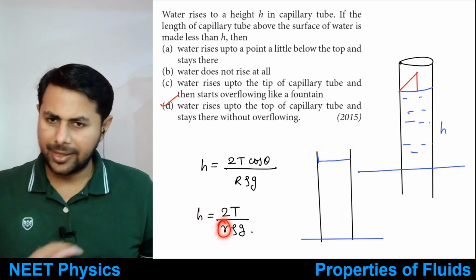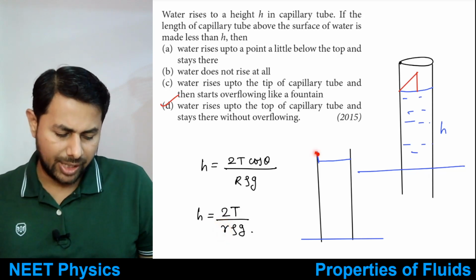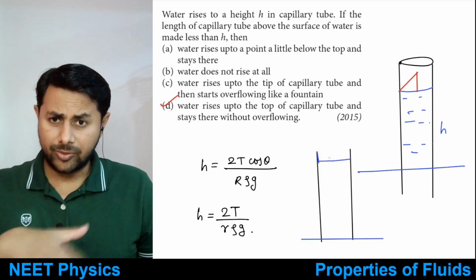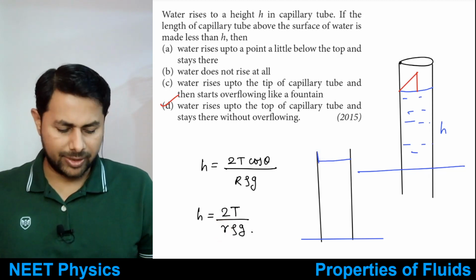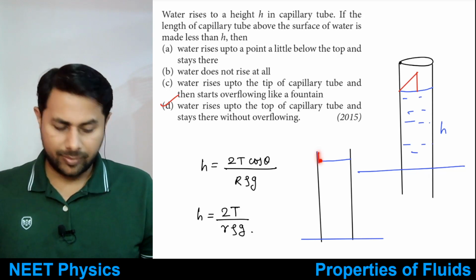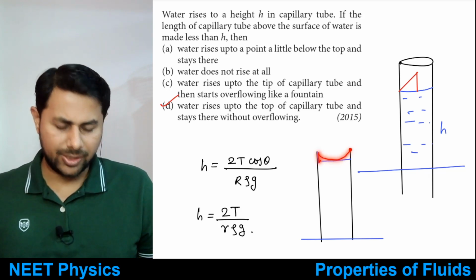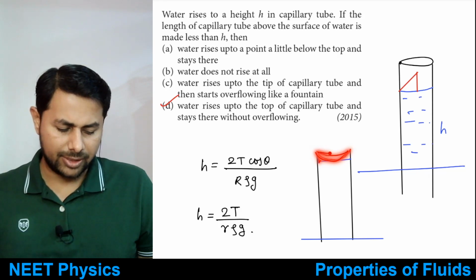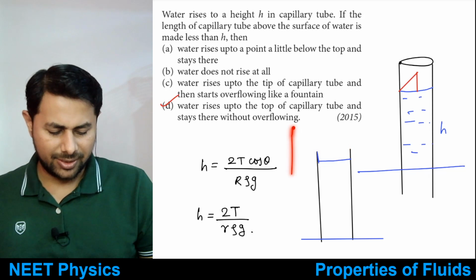So this r gets adjusted. That means the shape of the meniscus, which was earlier not flat because the angle of contact is 0, will change. It will become concave, then less concave, like this.